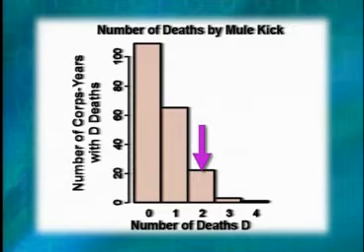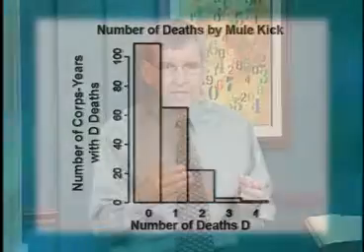And we can graph this number of deaths by mule kicks in this way because it has the same abstract features that the car arrivals did. Namely, the mule kicks are going to occur randomly. The effect of one person dying from a mule kick doesn't either increase or decrease the chance of another death occurring during the next month, say. It doesn't have an effect.